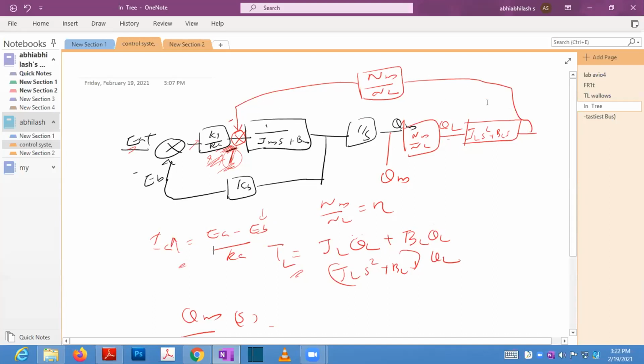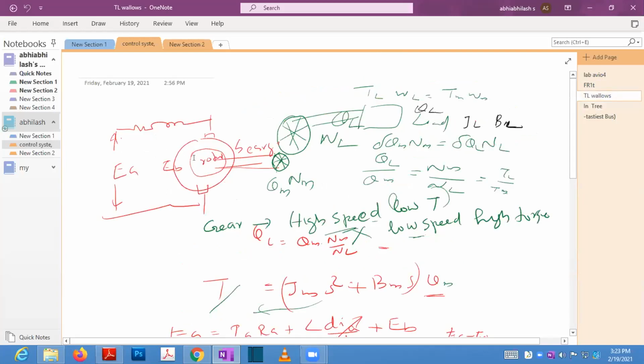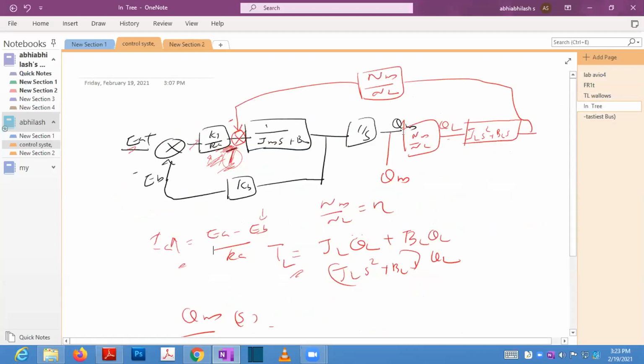But you cannot do it directly. That should come through the motor gear ratio only. Because the motor side is connected to the load side through that gear, and load side back to motor through that gear only. So it will reflect that thing here. That is why this Nm by Nl.